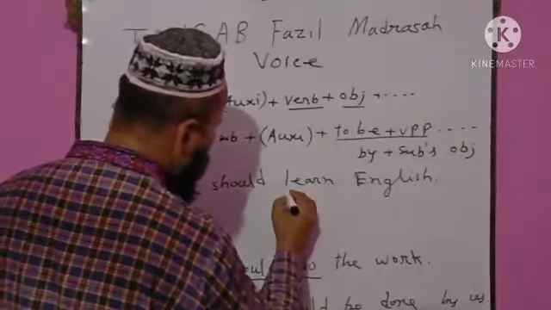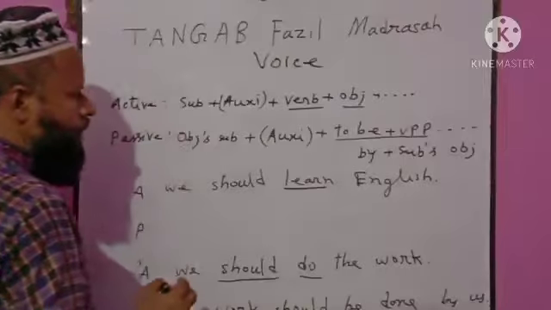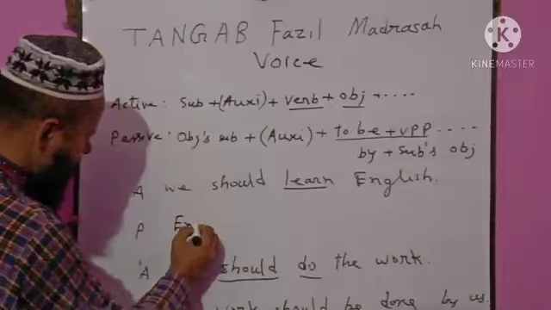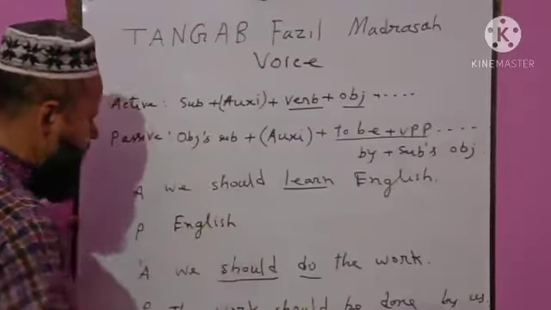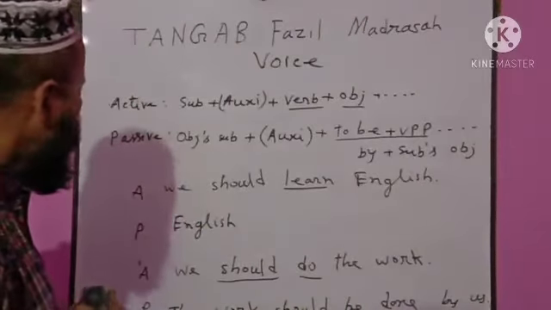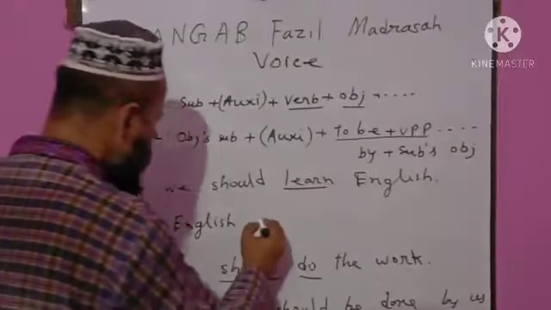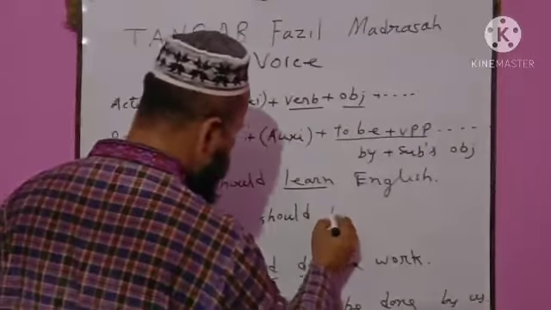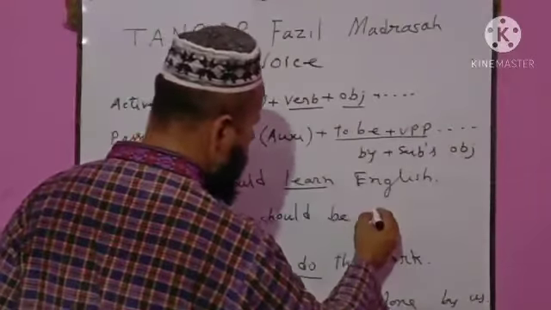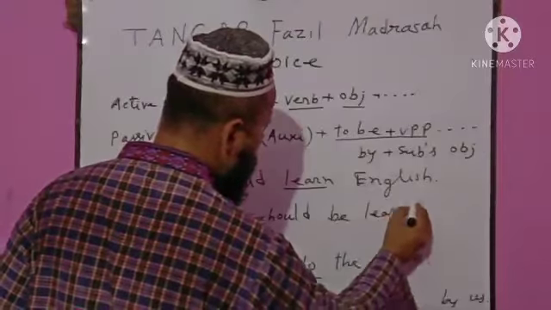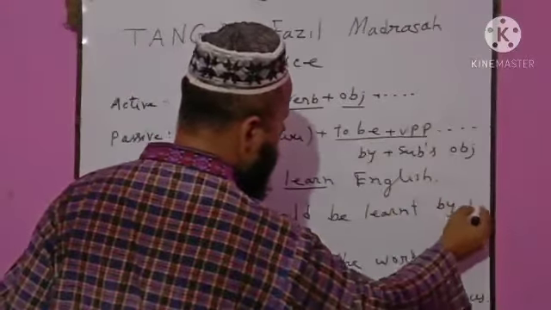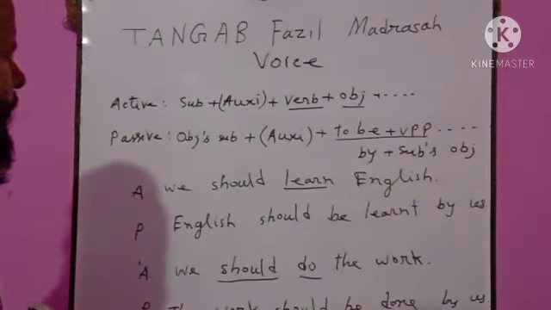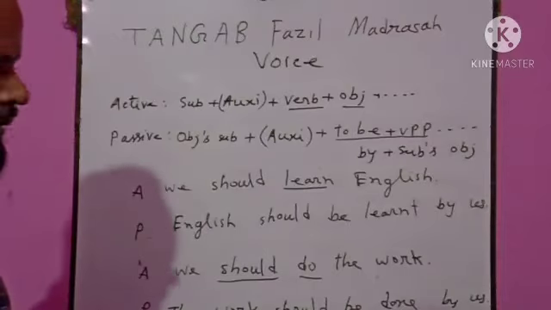Here the main verb is learn, so the object English will be the subject. Modal should, then be, and past participle learned, by us. We should learn English. English should be learned by us.